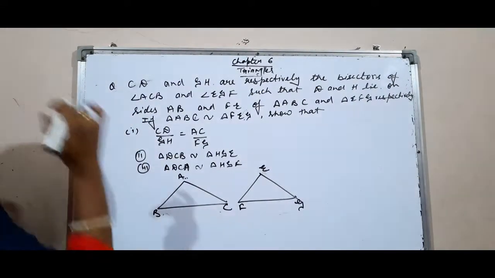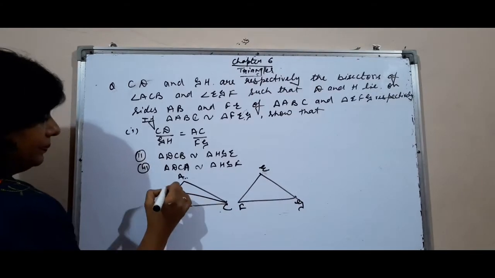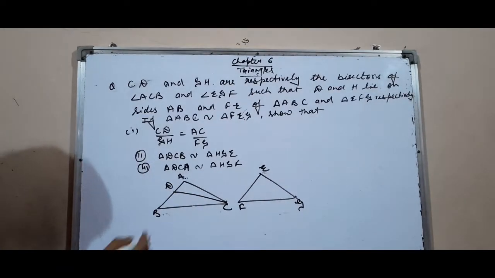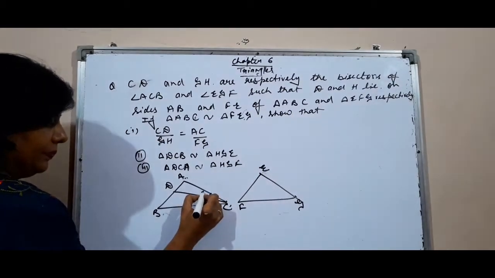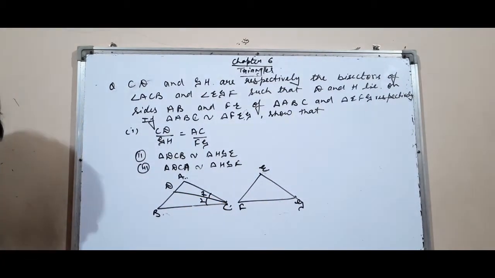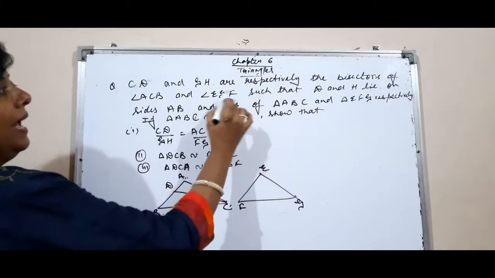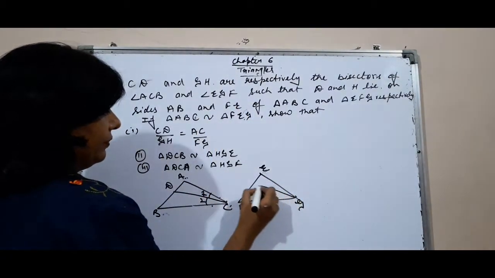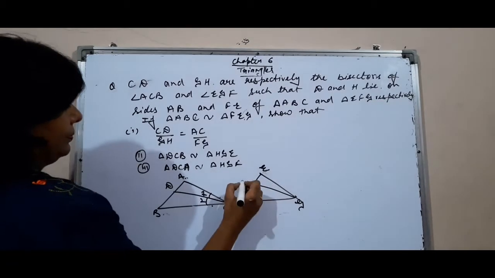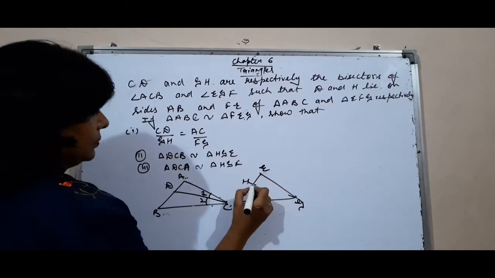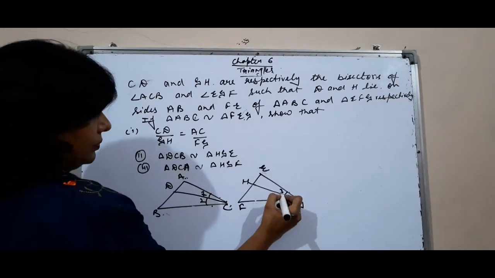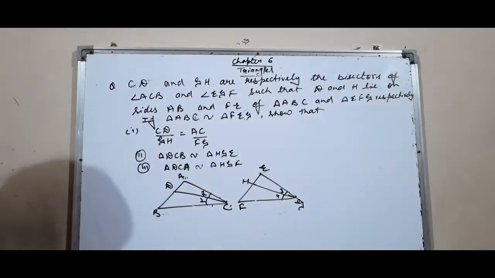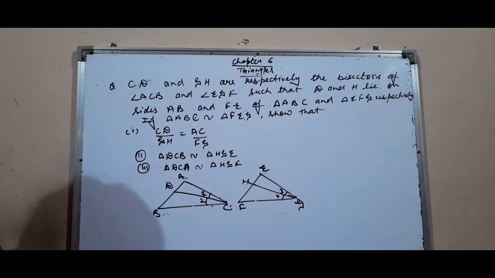Now, CD and GH are the bisectors of angle ACB, bisector, it divides it into two equal parts, and EGF.